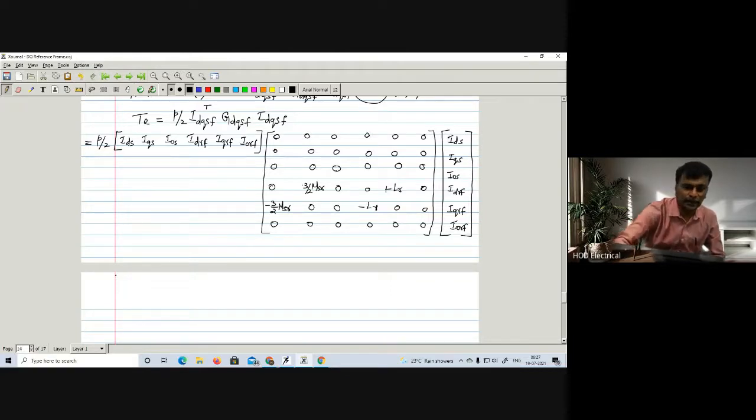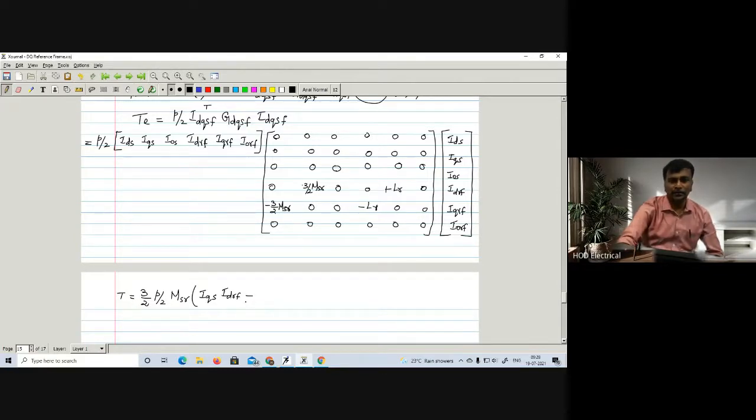This is the matrix. If you multiply it, we get the torque equation: 3 by 2 times P by 2 times M_SR times (IQS times IDRF minus IQRF times IDS).